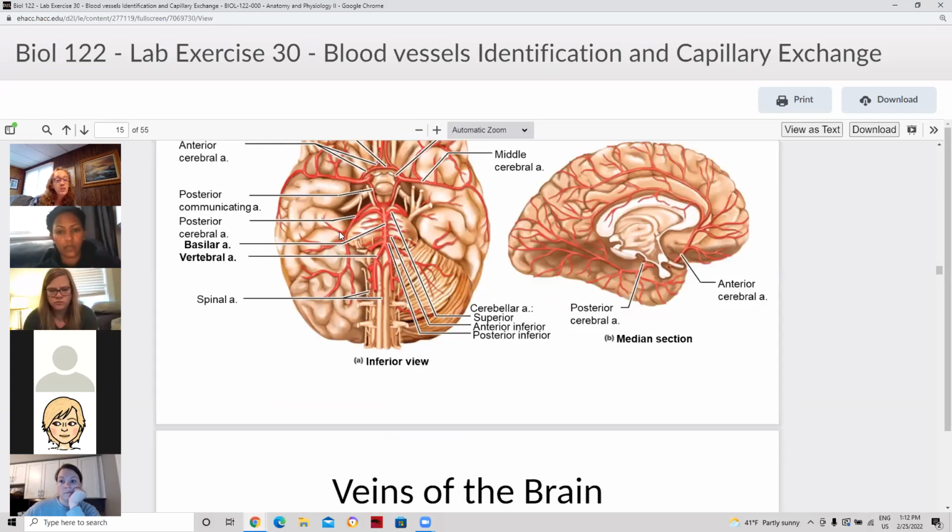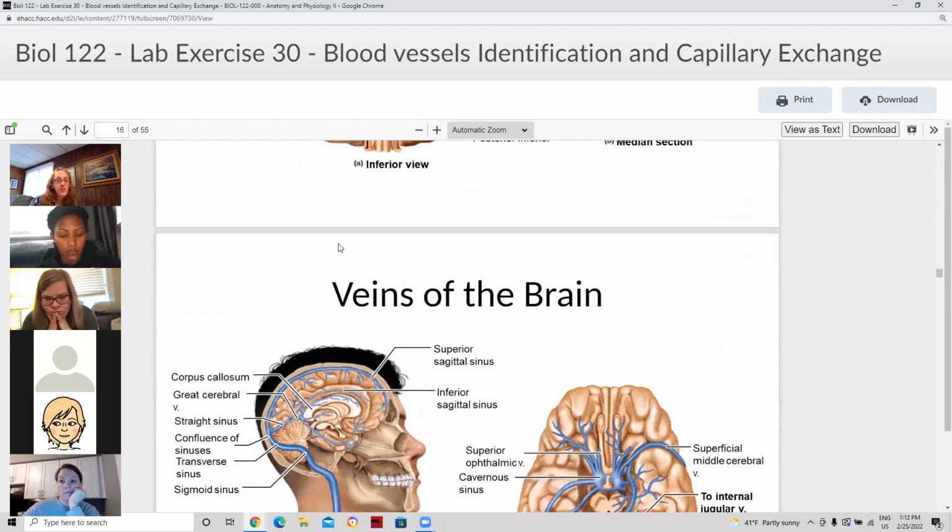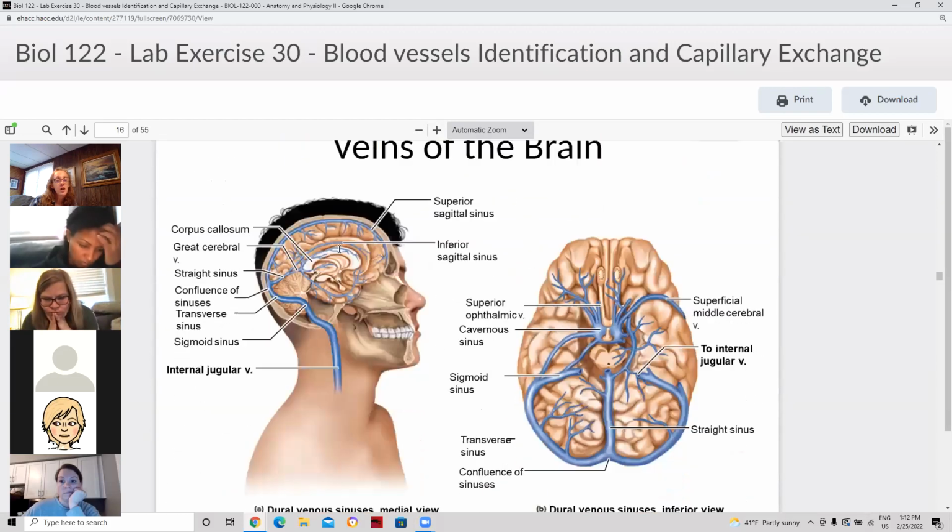I think it's important to go through, but it's not in this lab exercise. For some reason, they leave it off here. So I'm going to go through it fairly fast. I think you also saw it a little bit in 121 when we talked about the brain.